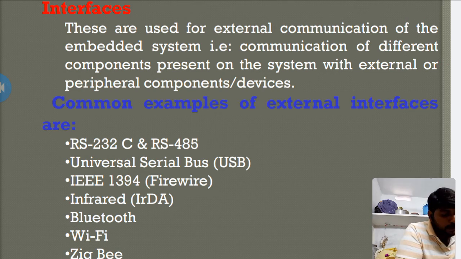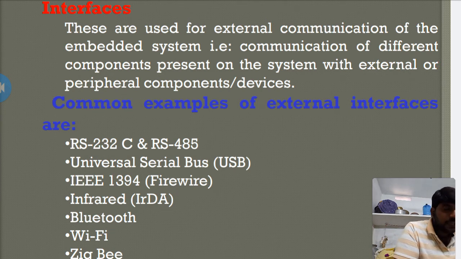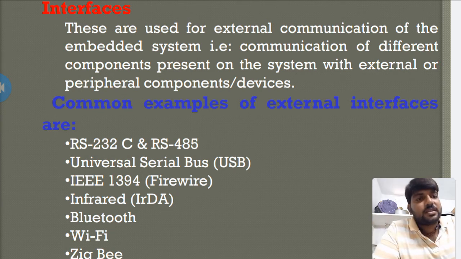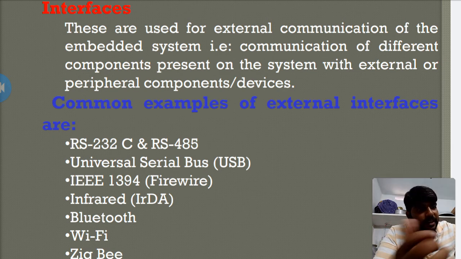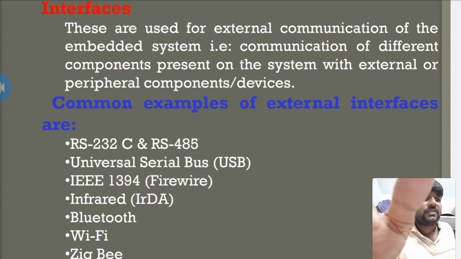The serial port profile, SPP, is for serial data communication, the file transfer profile, FTP, is for transferring files between devices, and the human interface device profile, HID, supports human interface devices like keyboard and mouse. Bluetooth peripherals like fitness devices, Bluetooth printers, and heart rate monitors are used in different applications. This is about Bluetooth, a wireless data transfer and communication device with 30 to 100 feet distance. So next one is Wi-Fi.